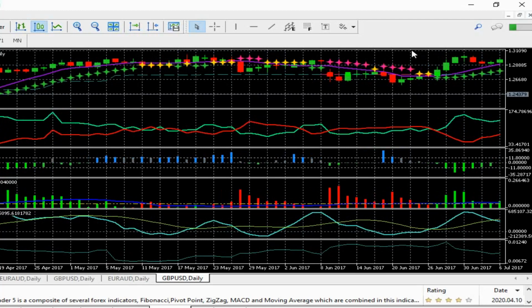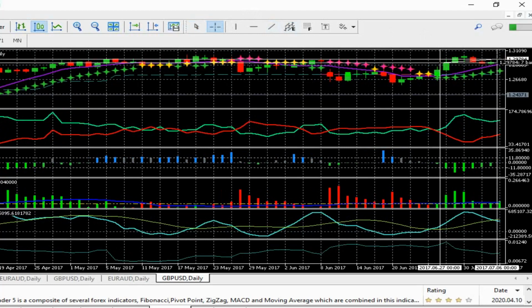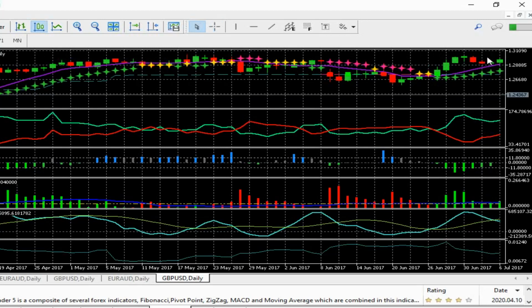And my exit indicator told me to leave here. So from this candlestick to this candlestick, it's about 30 pips. I don't know why my charts are doing that, but it's about 30 pips.